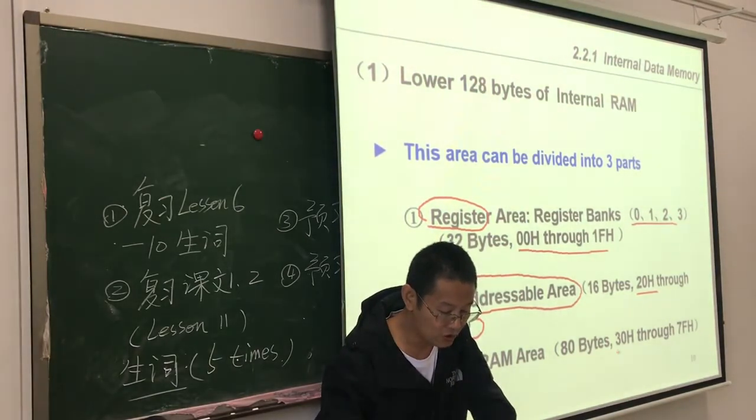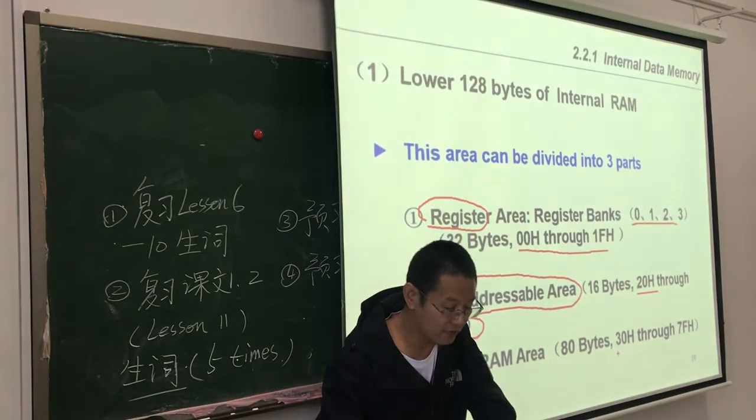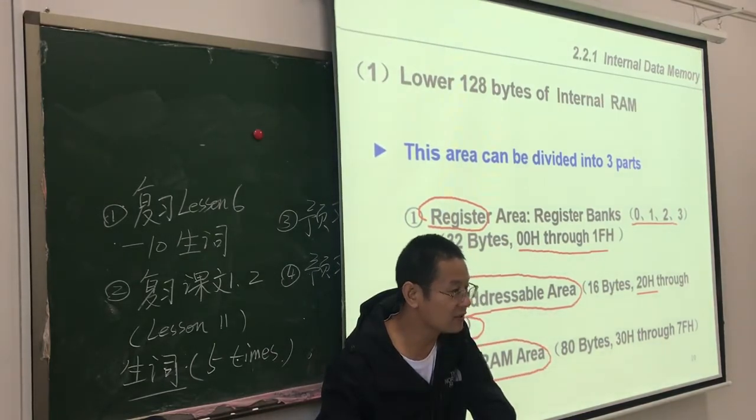30H to 7FH is the user RAM area, which means you can use it freely.